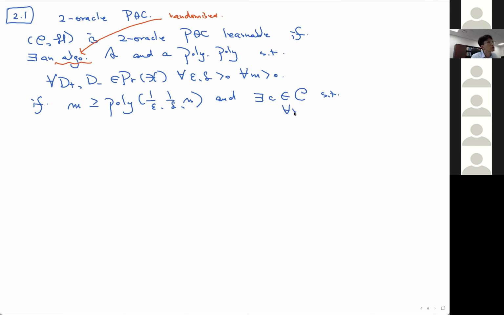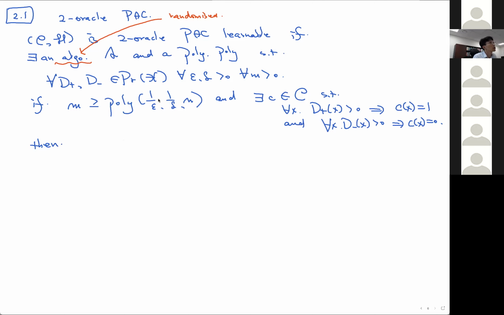For any x, if D plus of x is greater than 0, then C of x is equal to 1, and for any x, if D minus of x is greater than 0, then C of x is 0. So there is a hidden concept that distinguishes plus and minus. That is the case.